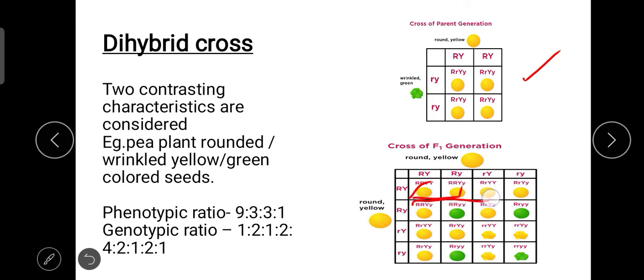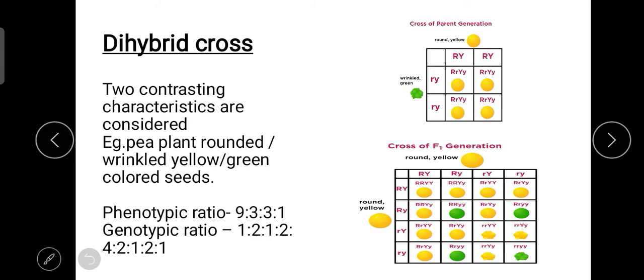Again crossing capital R, small r, capital Y. Again another gamete formation, capital R, capital Y and small y. In this manner you are going to do the Punnett square box. So this is the way it has been formed, totally the gamete formations which have taken place here.